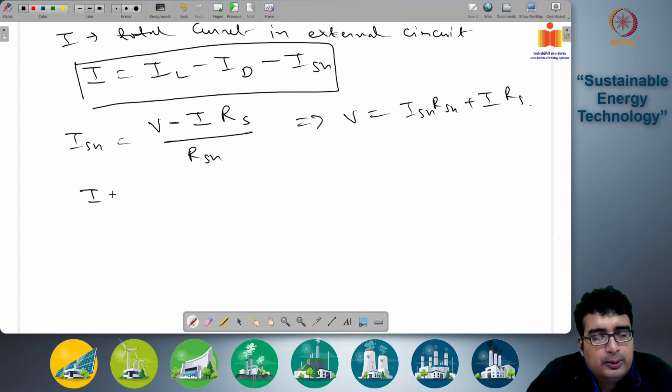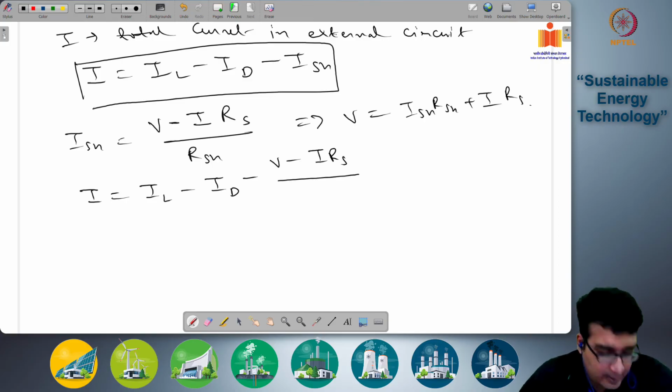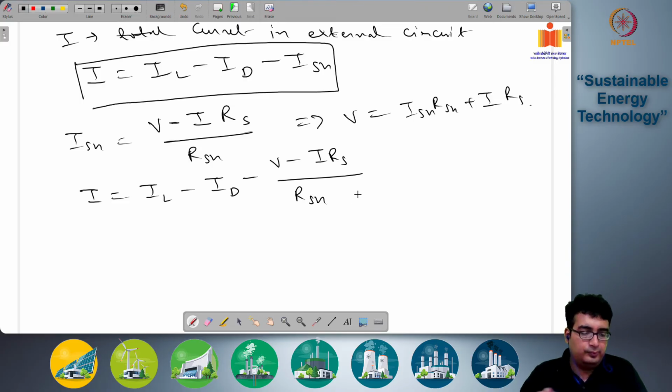So your total current I is light current minus dark current minus (V minus I R series) by RSH.